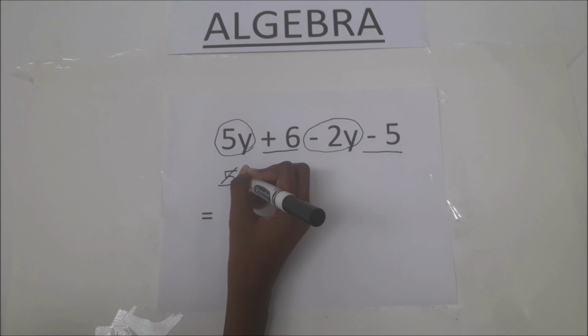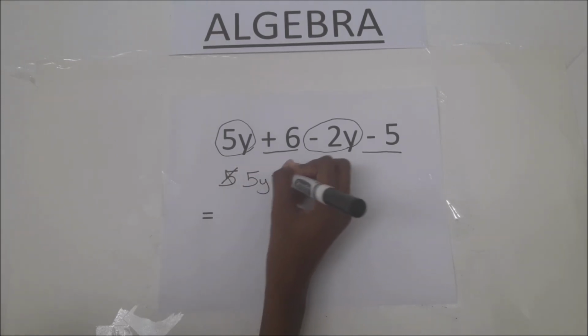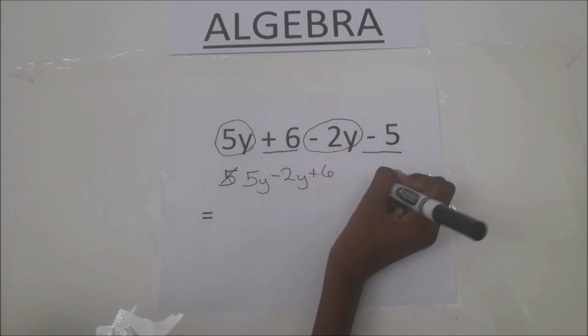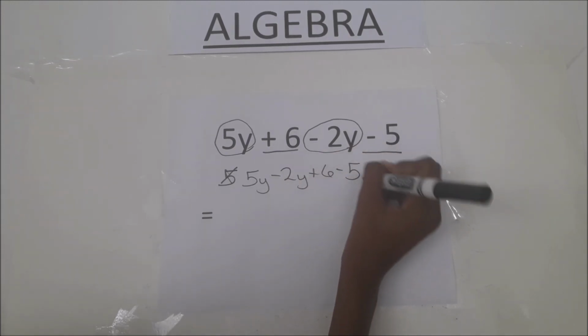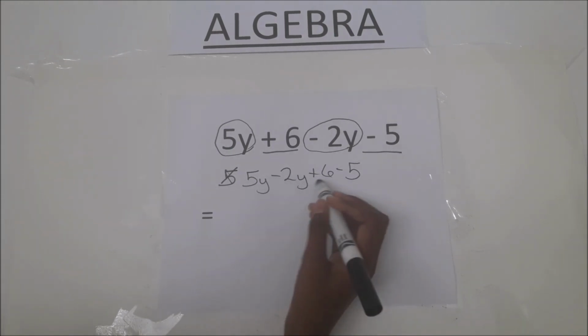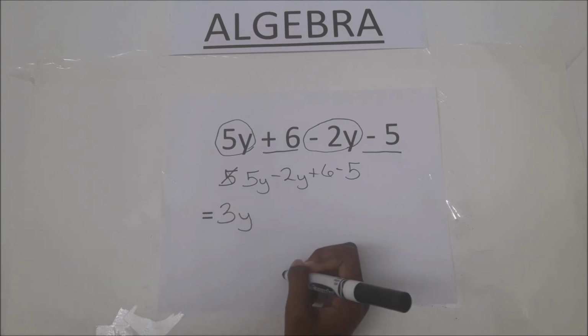Put 5y. Write it. 5y. And put the next y with it. 5y minus 2y plus 6 minus 5. Work it. 5y minus 2y is 3y plus 6 minus 5.